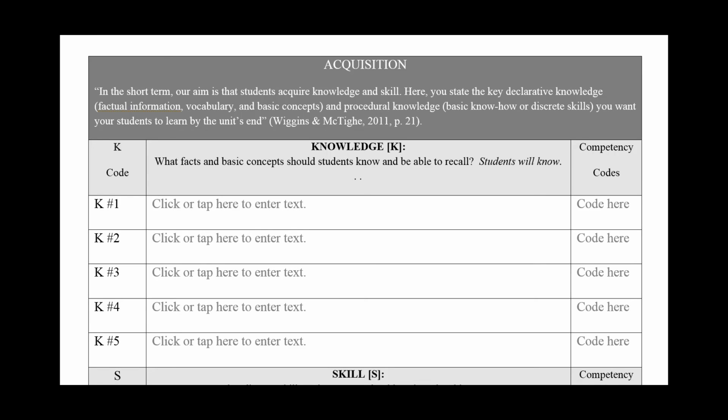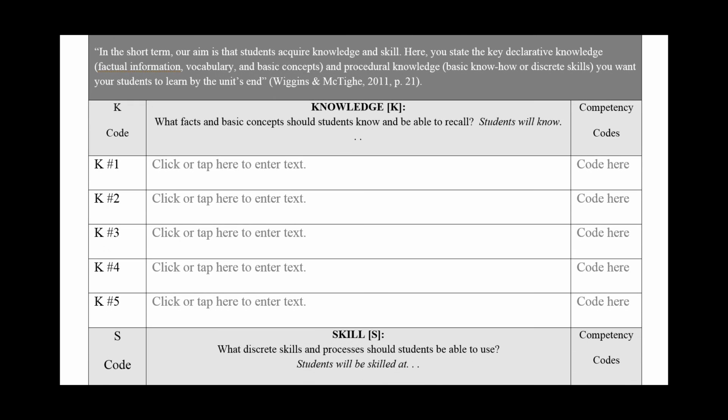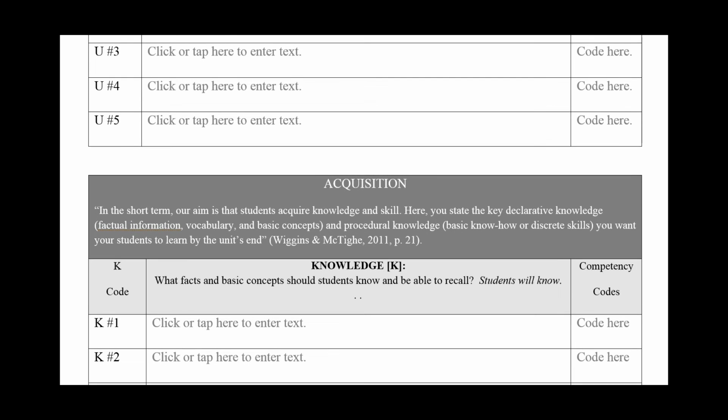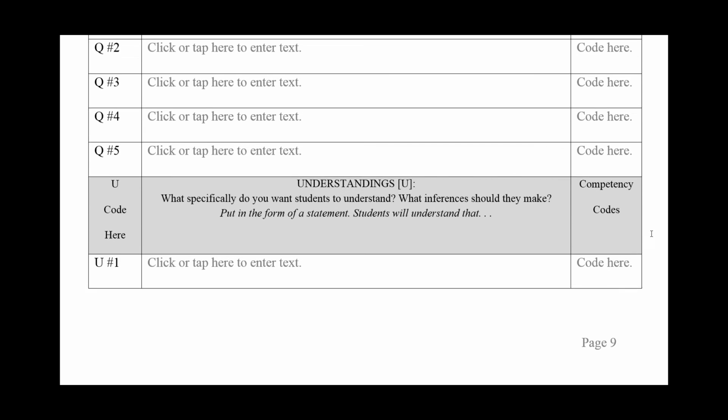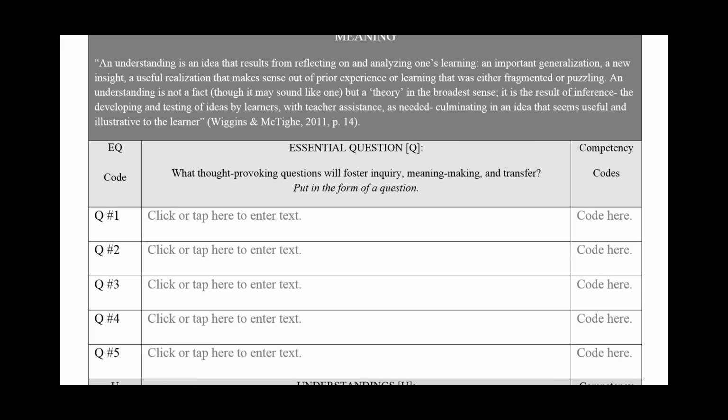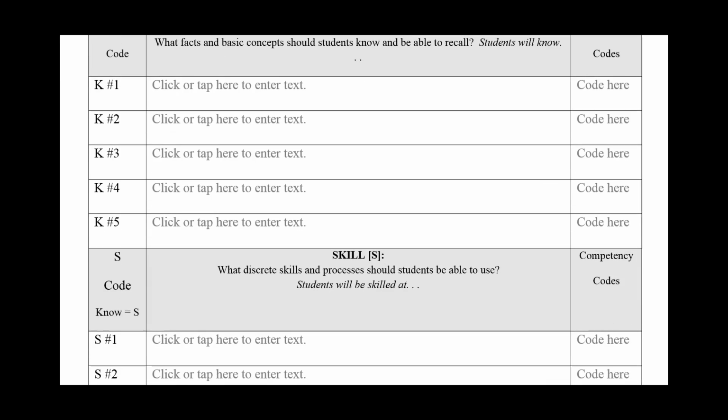This is that lower order, quote unquote, thinking, the facts that they do need to know in order to be competent in the workplace. And you will have competency codes for those, and you put those adjacent to that, just like the understandings, just like the essential questions, just like everything else.